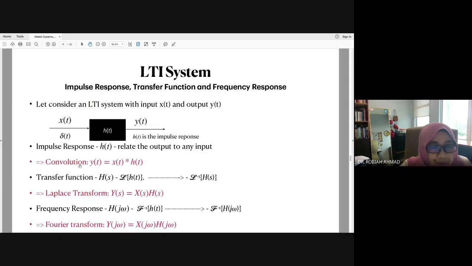So to understand the concept of impulse response, you will learn about convolution. Convolution, if we look here, so what is actually y(t)? y(t) is the combination or the convolution of whatever x(t) we have with the impulse response of our system, h(t).